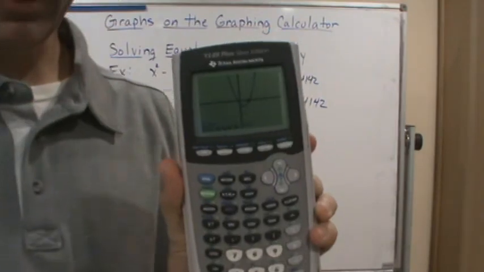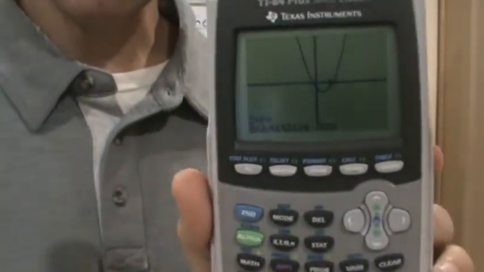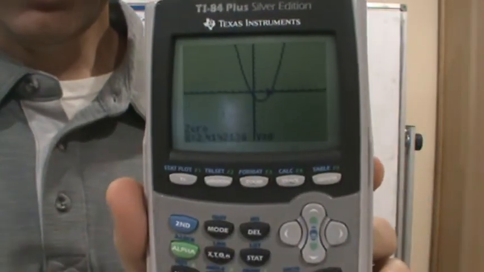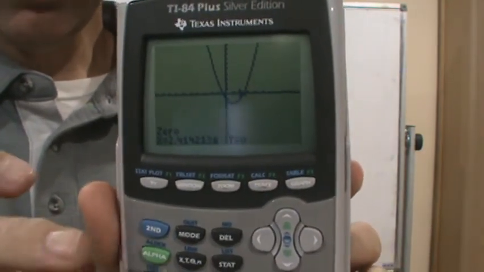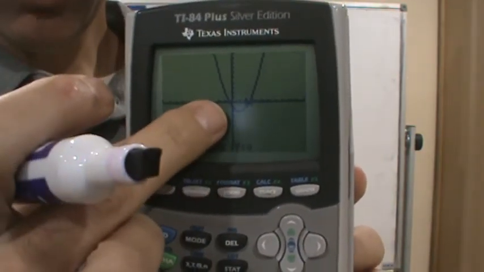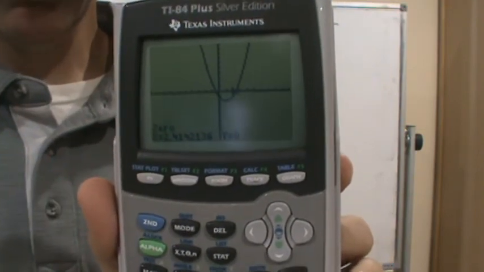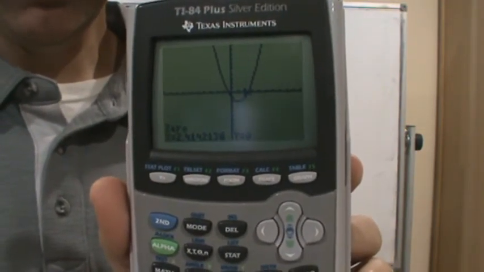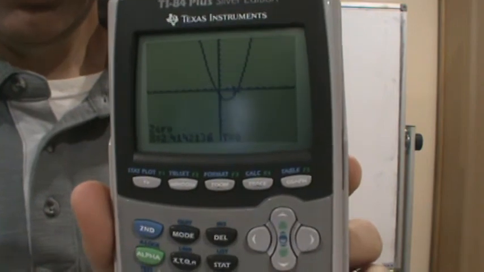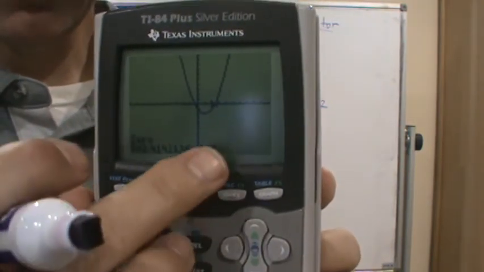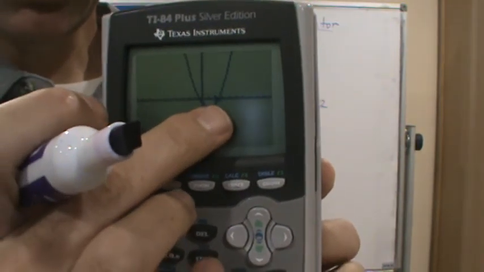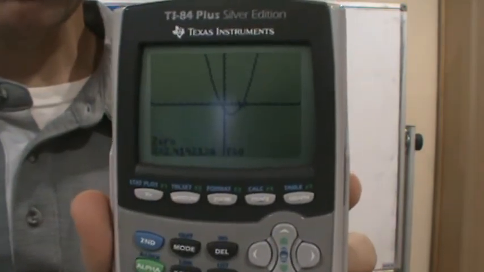Now, one thing I want to tell you is that the textbook uses the graph to say that the 0 over here is between 0 and negative 1, so they made it negative 0.5. And then over here, it falls between 2 and 3, so they made it 2.5.